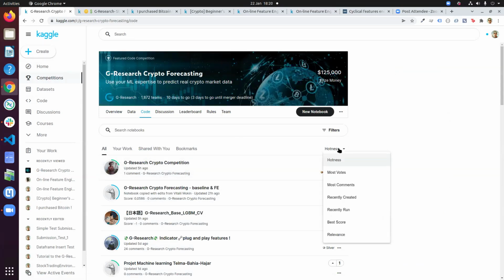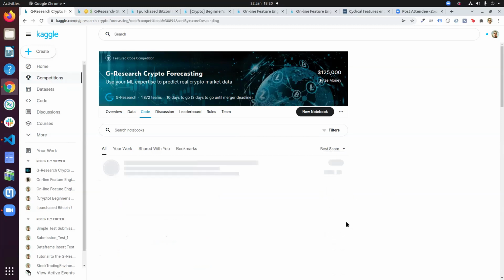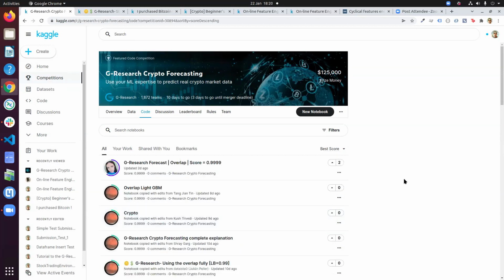If you sort these by best score, loads of them are very, very close to 1. These are ones where all they've done is submit the actual target values for the public test set, because they have those.